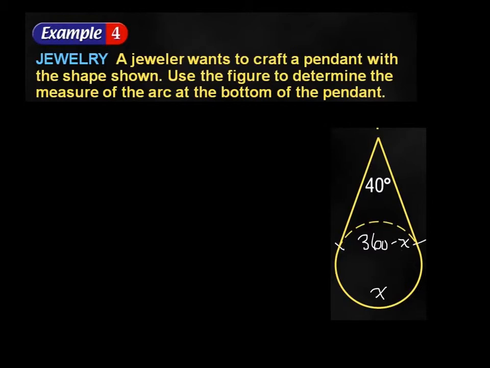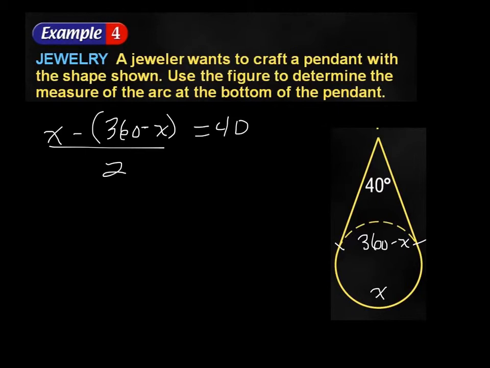Now I can do my big arc, which I label x, minus my small one. I need parentheses, because I need to subtract the negative x too. Divided by 2 equals 40. Again, to undo divide by 2, we multiply by 2.